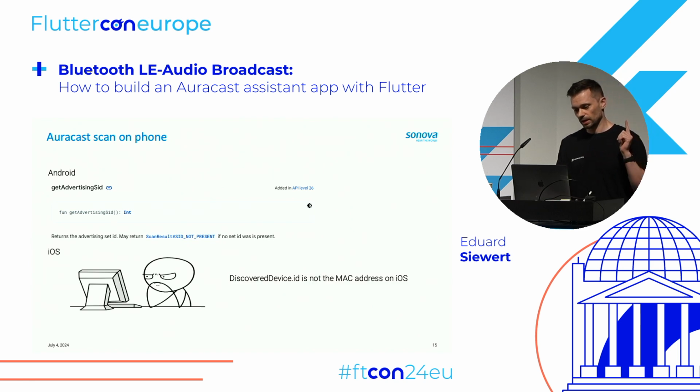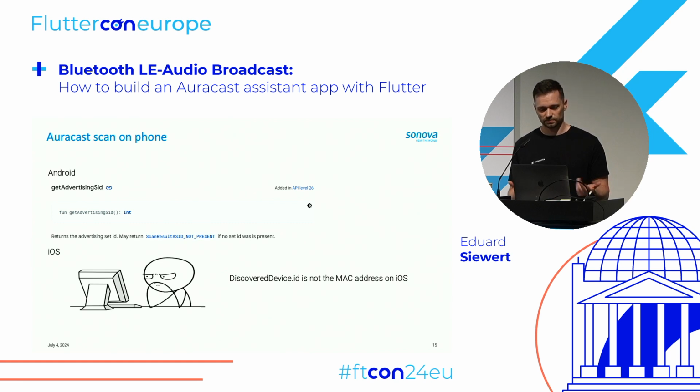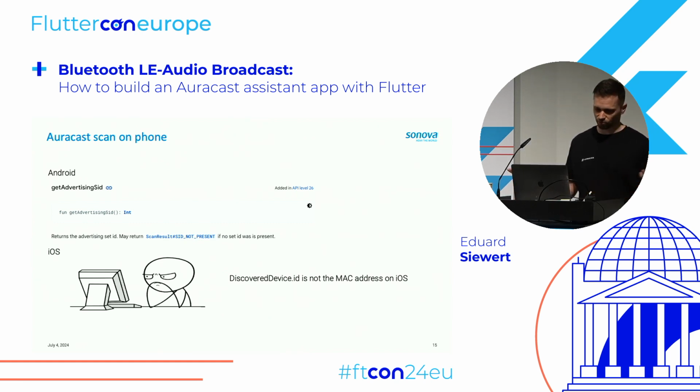Even the ID that we saw of the discovered device is actually not the MAC address on iOS. For privacy reasons, iOS is hiding the actual MAC address from you, and it's just providing a device-specific UUID. Okay, that's too bad, right? It looks like our small little project ended before it really started.